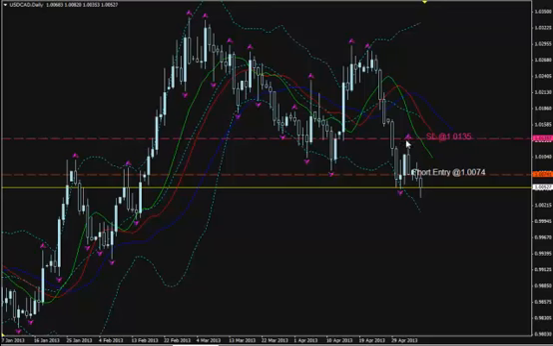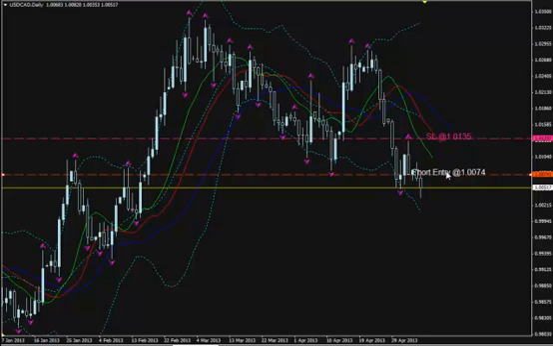This one is not exactly valid because it is not above alligator's teeth, but it is valid because the leading alligator is 100% bearish. So it gave us a short entry signal.